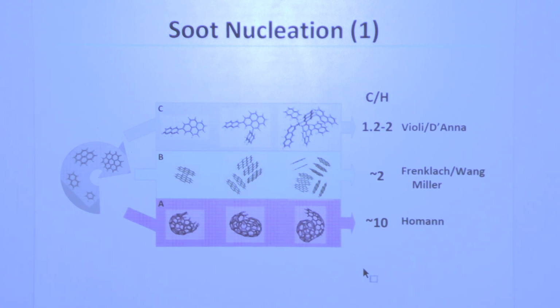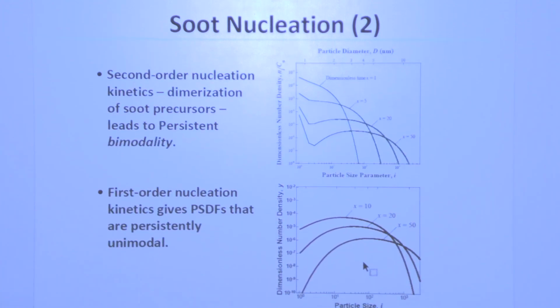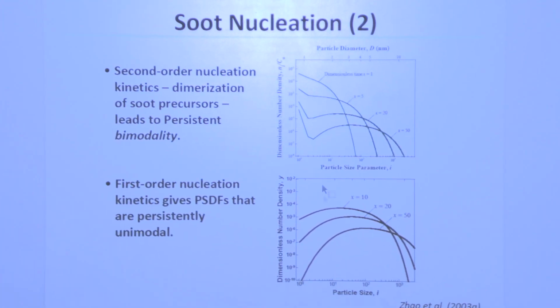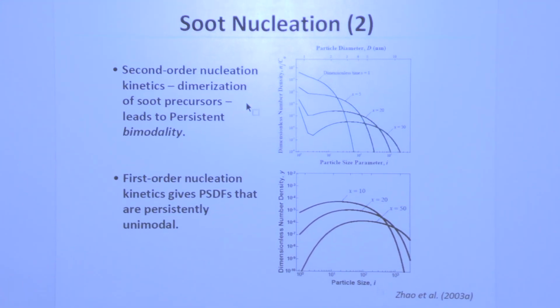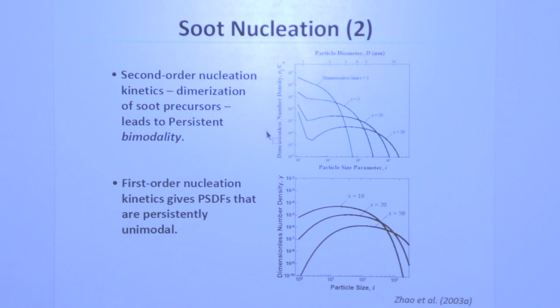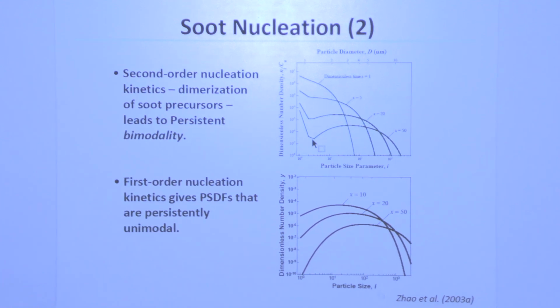Actually, some of them I think have been proven wrong, but none of them is really convincing that it's the right explanation. If you think that you must have a second order process somewhere in there because you see the bimodal distribution of this size distribution, and you can only get that if you have a second order process somewhere. But exactly what the two things are that are reacting to each other to make it second order is unknown.